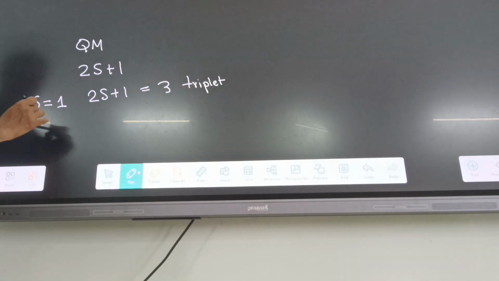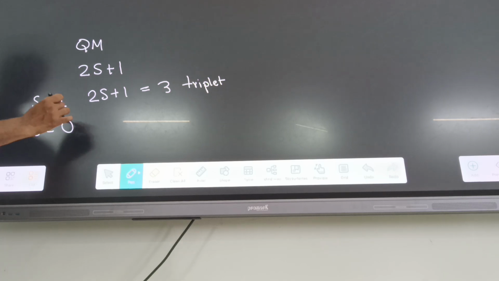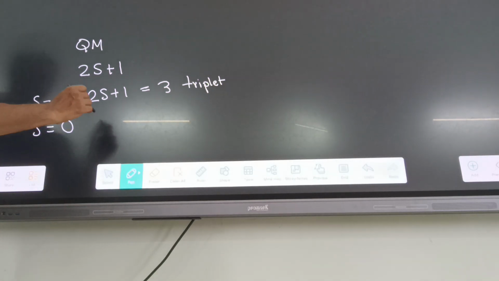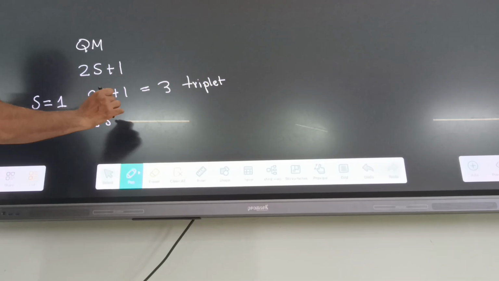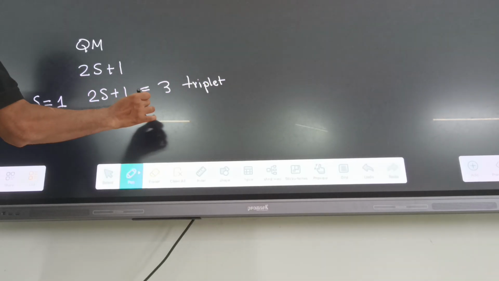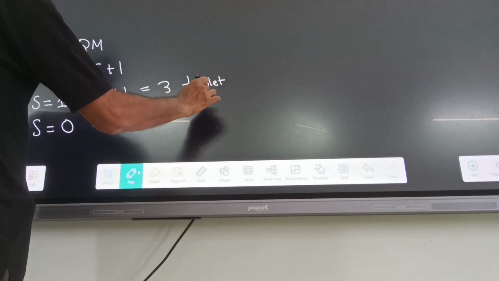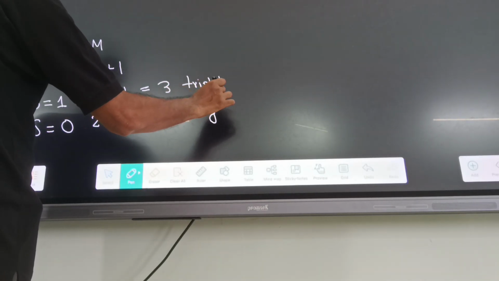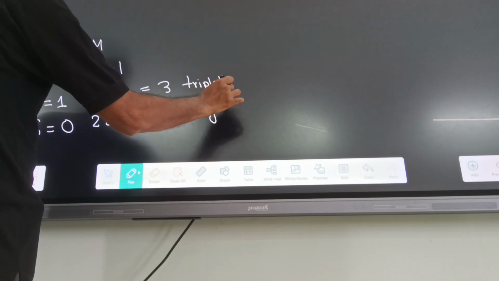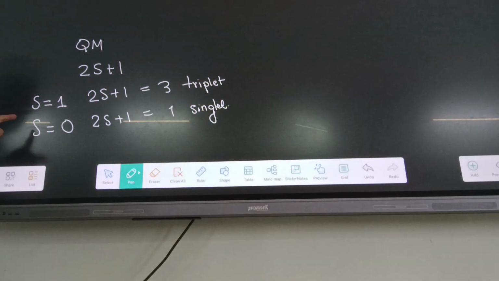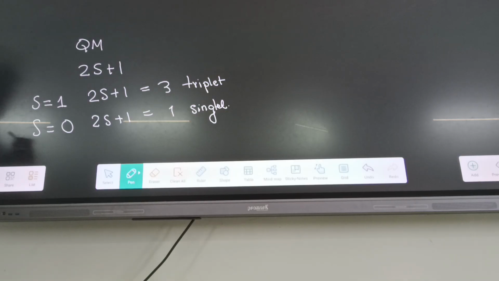And if S is equal to 0, then 2S plus 1 is 1. This is called the... ये वाला स्टेप कब होगा? S is equal to, it is actually S1 plus S2. If they are having opposite spins, then S is equal to 0.